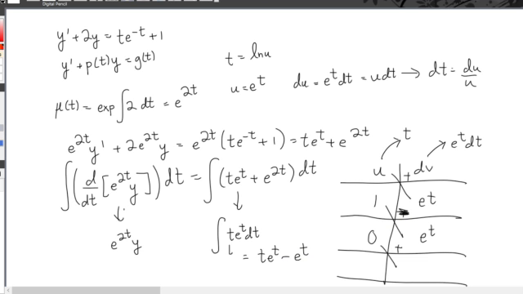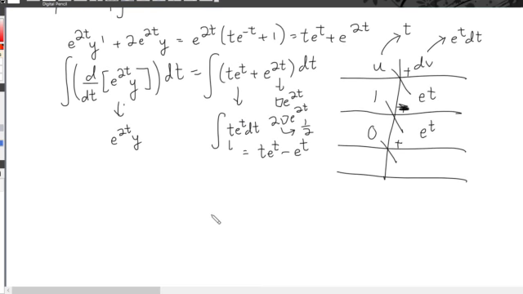Yeah, that sounds about right. And then e to the power of 2t is just 1/2 times e to the power of 2t. So then I'm just gonna scroll down.